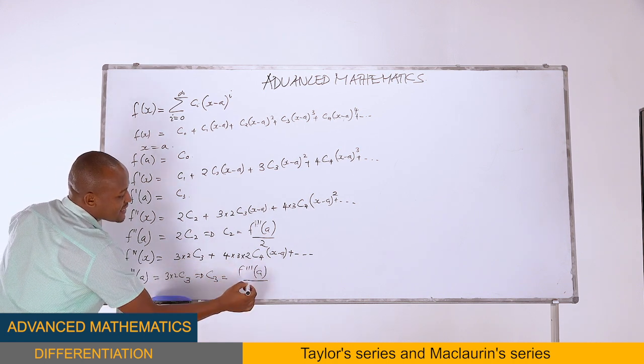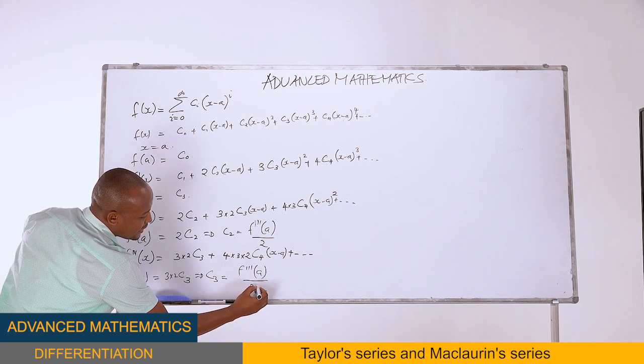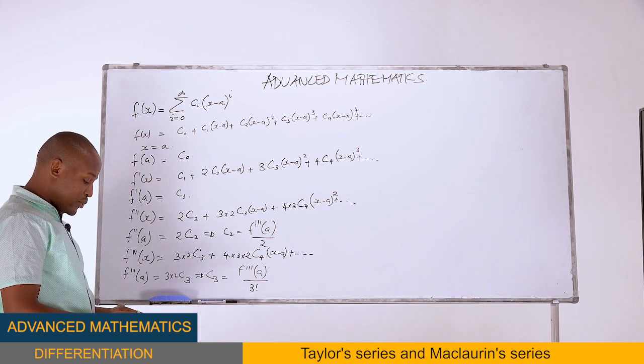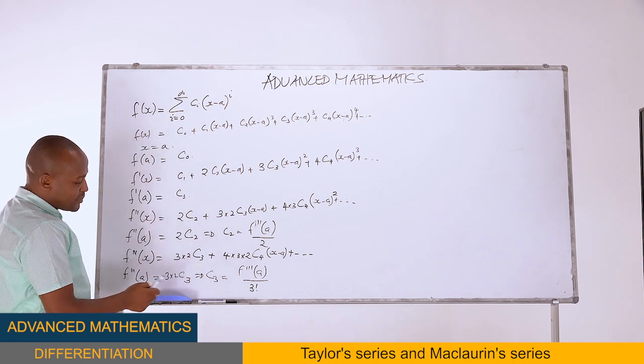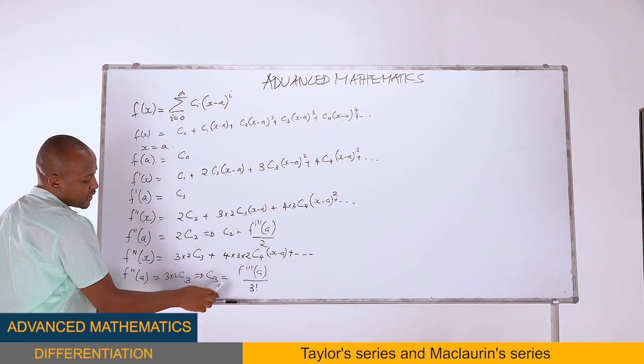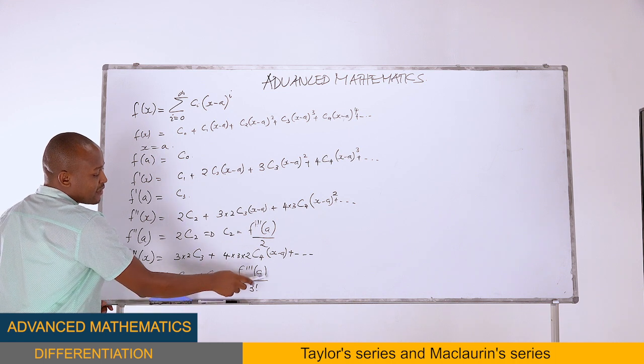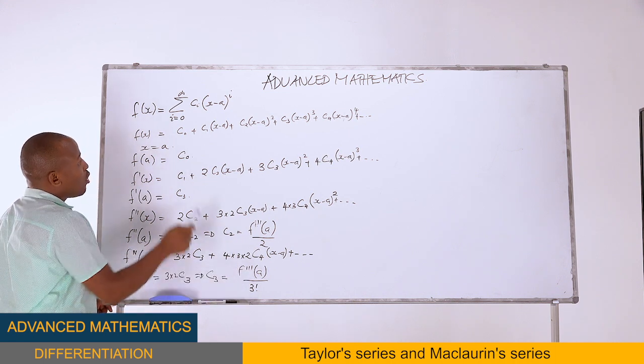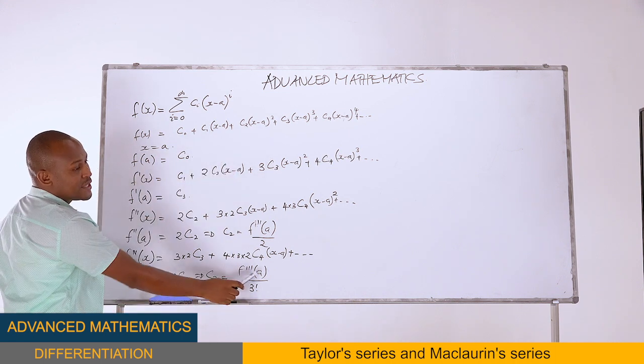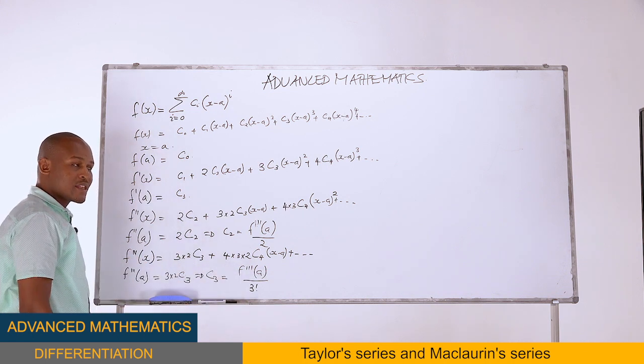That is to say, we can say this is 3 factorial. I do hope you remember that. So the value of c sub 3 is equal to the third derivative of this function evaluated at a, over 3 factorial.